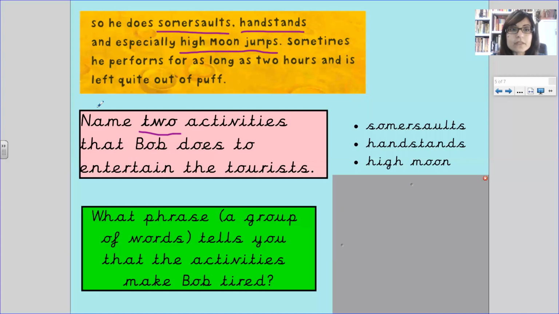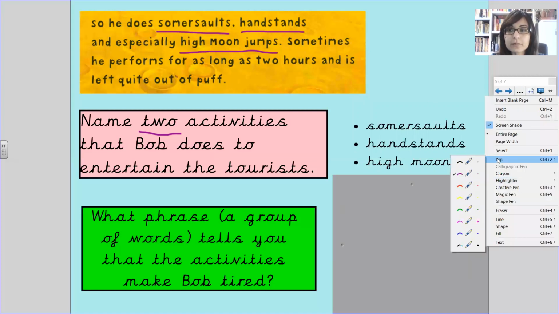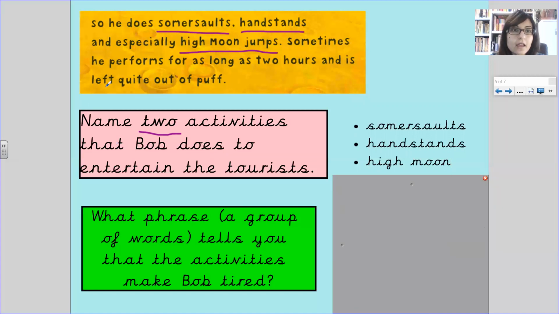Now, with this one, we've got the phrase, let's change the pen. We've got the phrase, here we go, left quite out of puff. This means that when you've been doing exercise, do you know what happens to you when you've been in lots of exercise or you've been running for a really long time? It can be a little bit difficult to breathe.